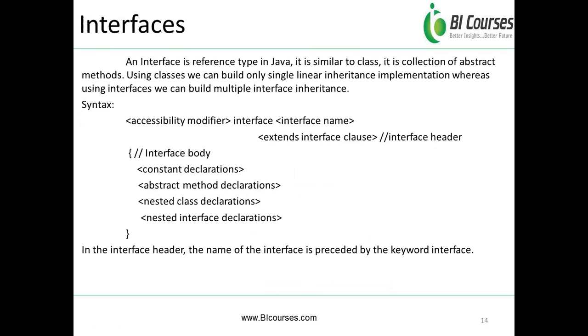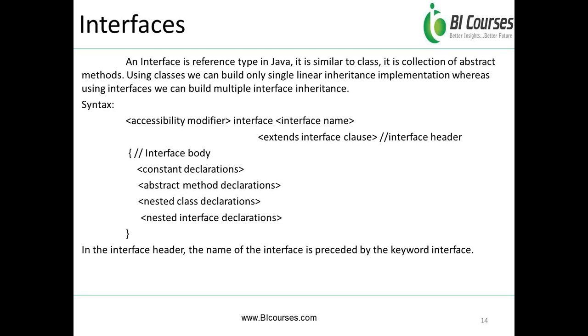Next concept is interfaces. An interface is a reference type in Java. It is similar to a class. It is a collection of abstract methods. If you look at class A in the previous example, we defined methods display and show in class B, so these methods we already implemented. Whereas if you don't know the implementation, or if subclasses want to implement a particular method, then we can make those methods abstract and declare them in interfaces.